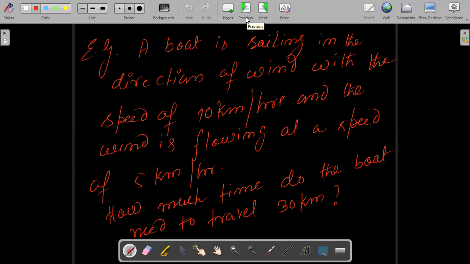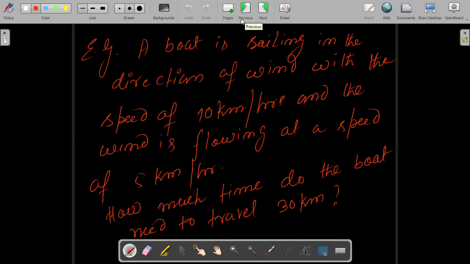Here, basically, two elements are given. Even if you take it as three, then also you should have told me the speed of boat, the speed of wind, and the distance. These are the three key elements. You did not recognize the true spirit of the maths. That's why you cannot understand it.